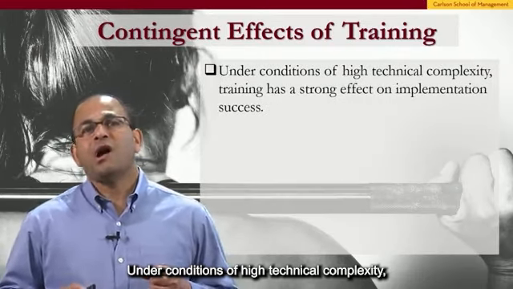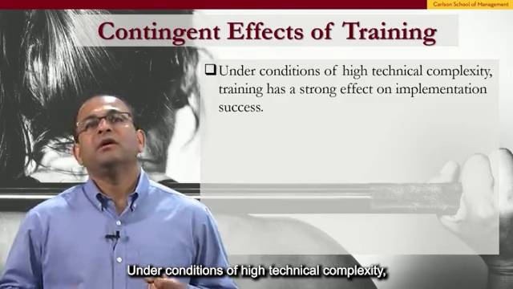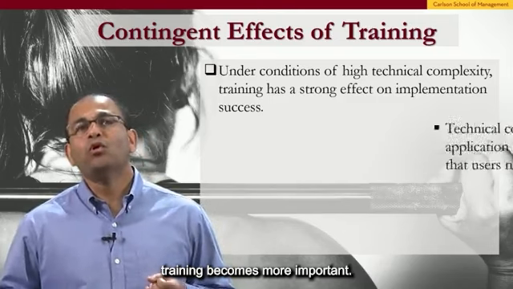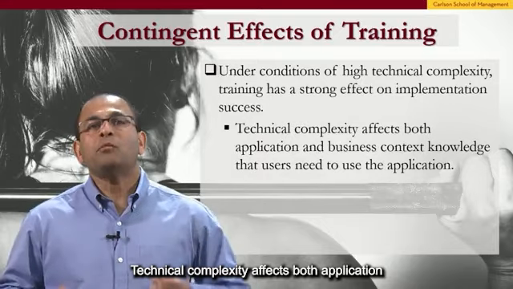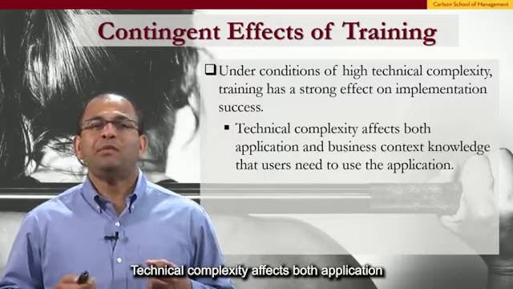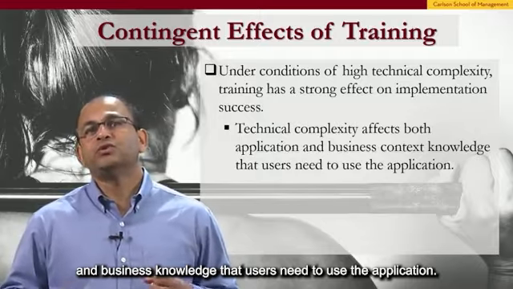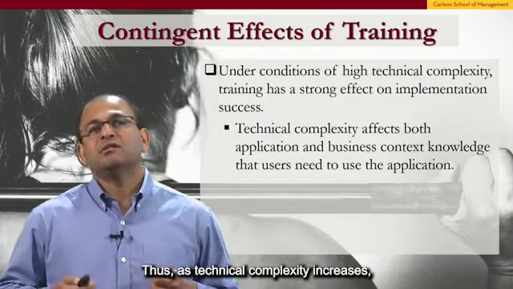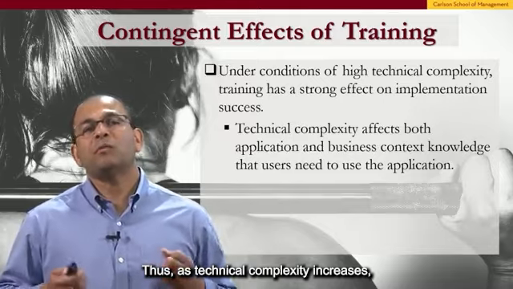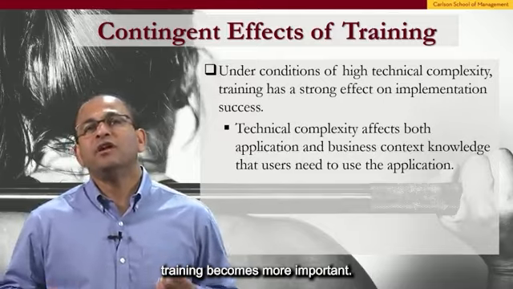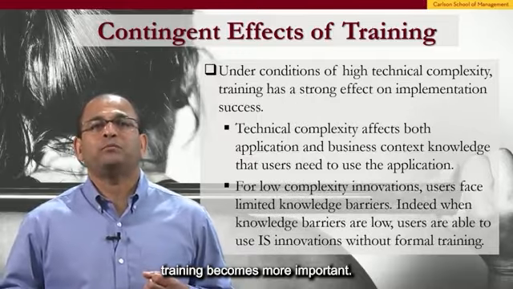Under conditions of high technical complexity, training becomes more important. Technical complexity affects both application and business knowledge that users need to use the application. Thus, as technical complexity increases, training becomes more important.